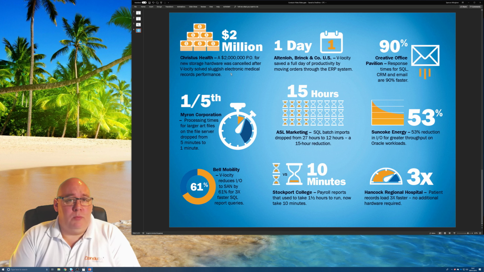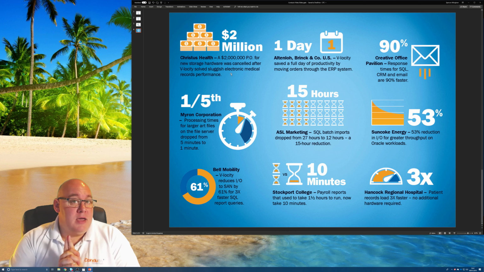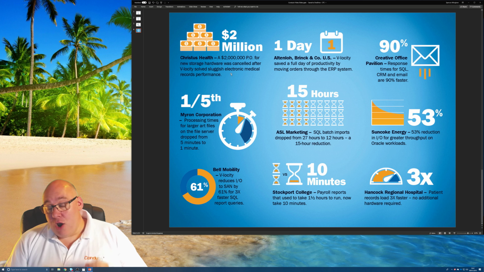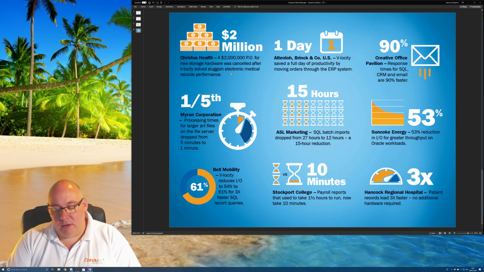So they were in a position where they're about to pull the trigger on this $2 million purchase order, but they tried our V-locity software first. Not only were they able to get back all of the performance they needed just by using the software, they actually cancelled the purchase order. They didn't place it.